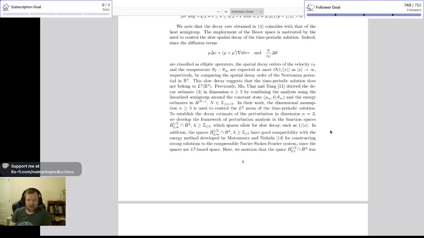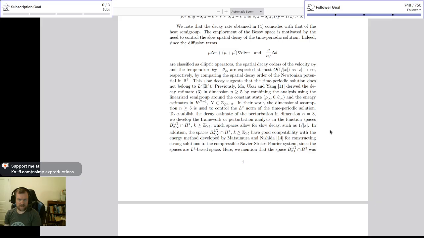Intersected with H dot k, where k is greater than or equal to all integers greater than or equal to 5, which spaces allow for slow decay, such as 1 over absolute value x.